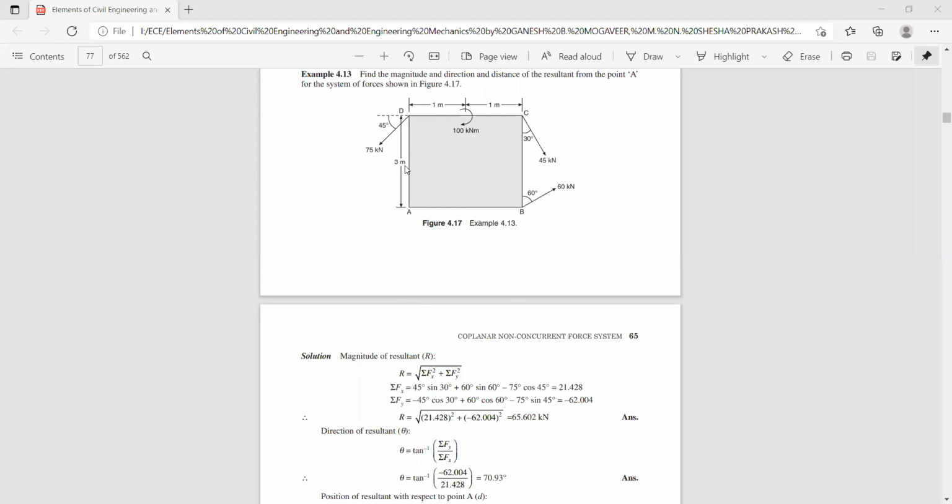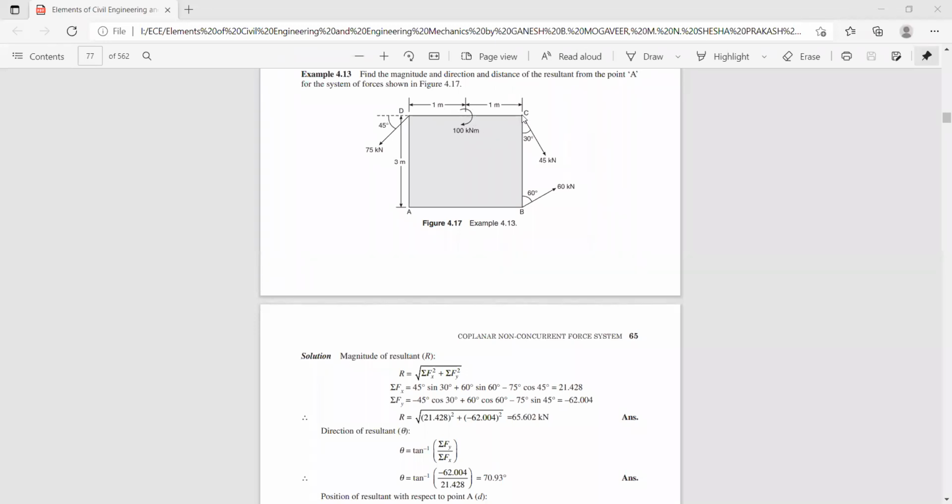Then here at this point you have a clockwise moment of magnitude 100 kilonewton meter. Since it is clockwise, directly consider its value. Don't multiply with the distance. So sigma MA will be minus 75 cos 45 into 3 plus 100.